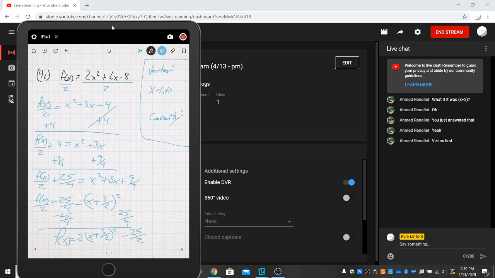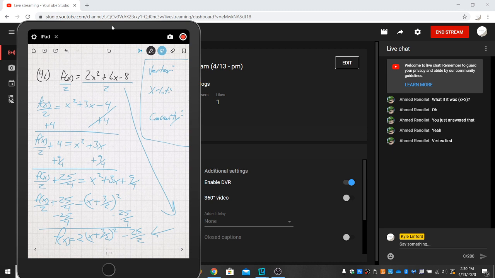I multiplied it to the parentheses, and I multiplied it to the outside number. This is the simplified form of the vertex form of the function. Okay? This is the exact same thing as the original function. Take a minute, look over the work. Let me know if you have any questions.